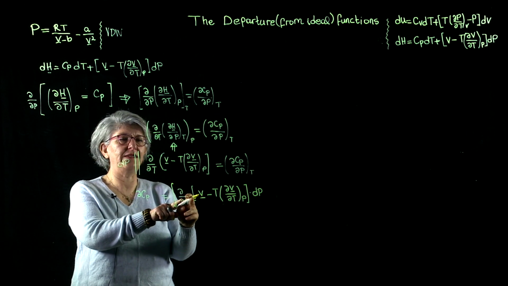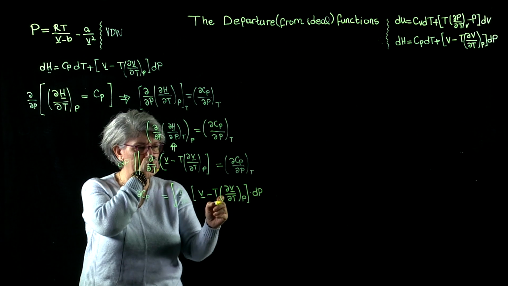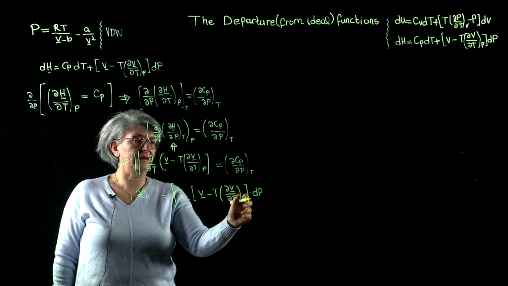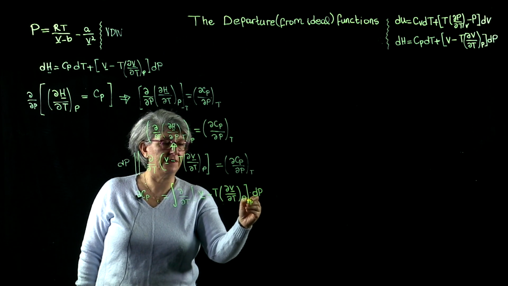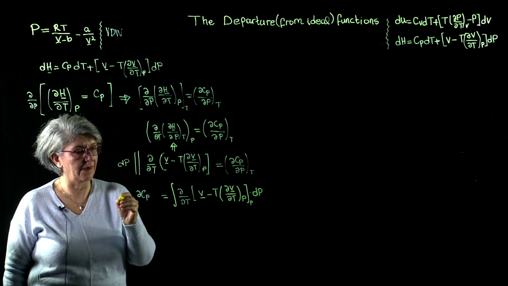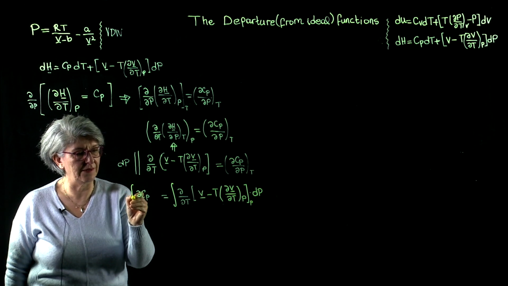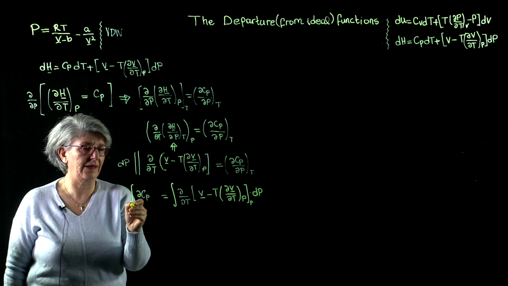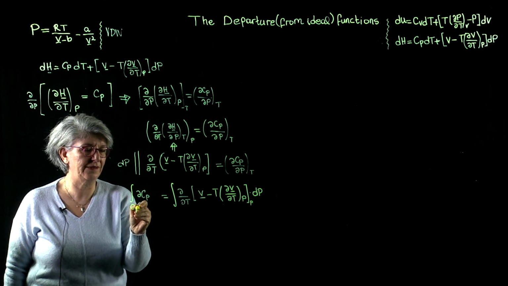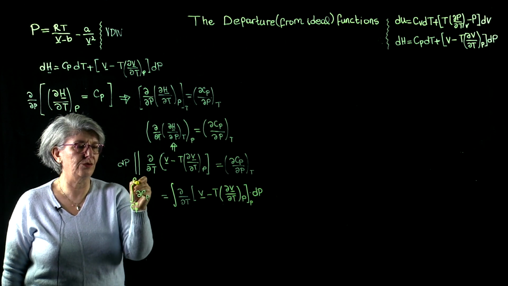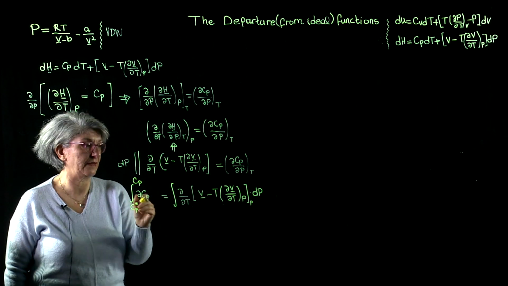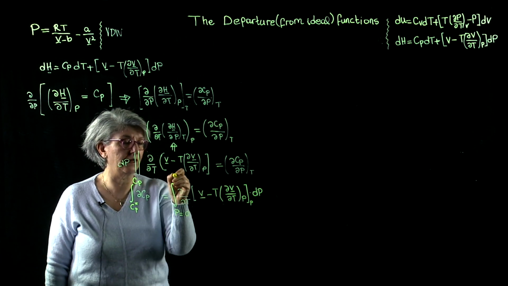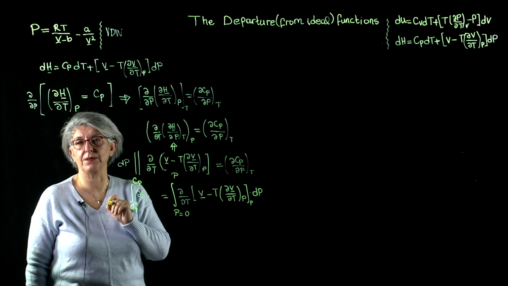We have differentiated this at constant pressure, by the way, let's not forget. And this is going to be from the ideal gas heat capacity to the real fluid heat capacity, where we are going to integrate this from a zero pressure to the desired pressure.